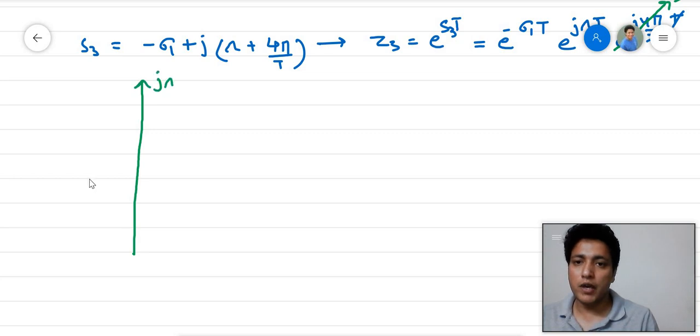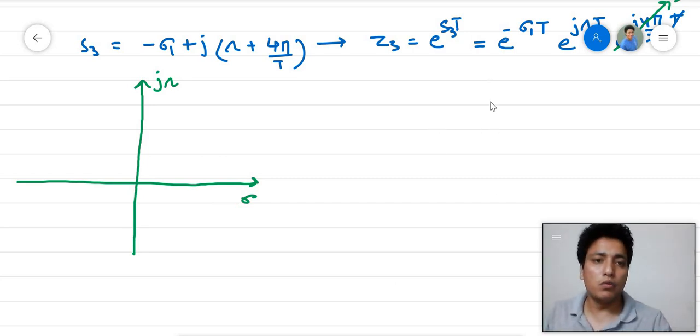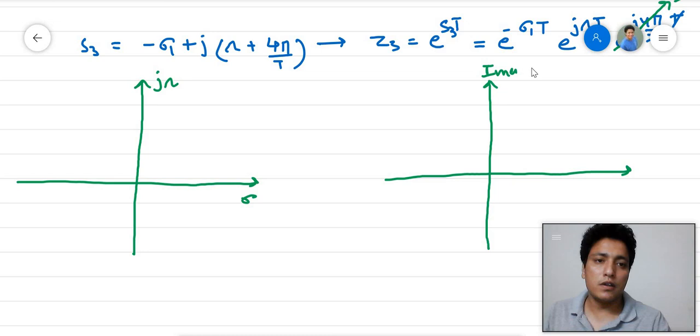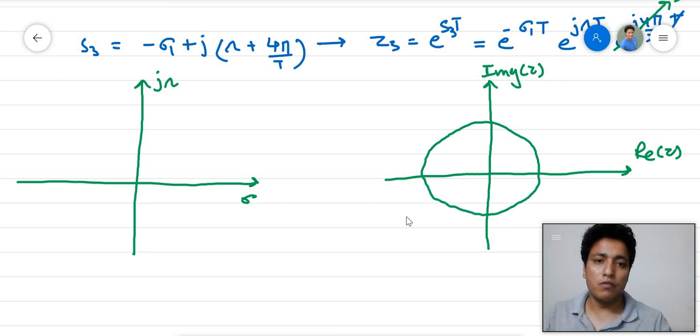If we see from the representation, we have a j omega axis and a sigma axis, and we want to map the S domain to the Z domain. So it is imaginary Z, it is real Z. Obviously the unit circle is an important part of the Z domain, so we will plot a unit circle here.